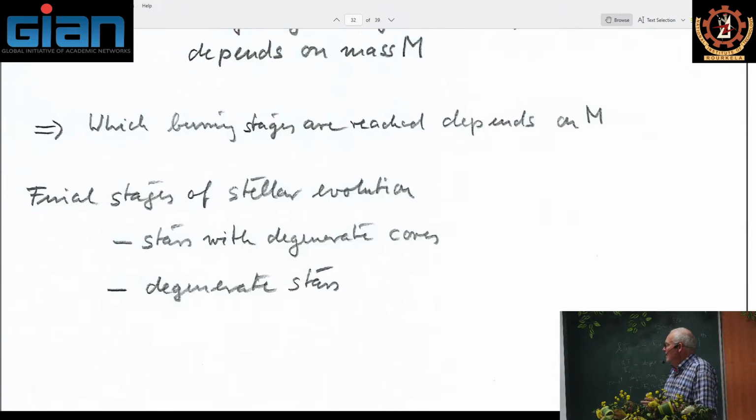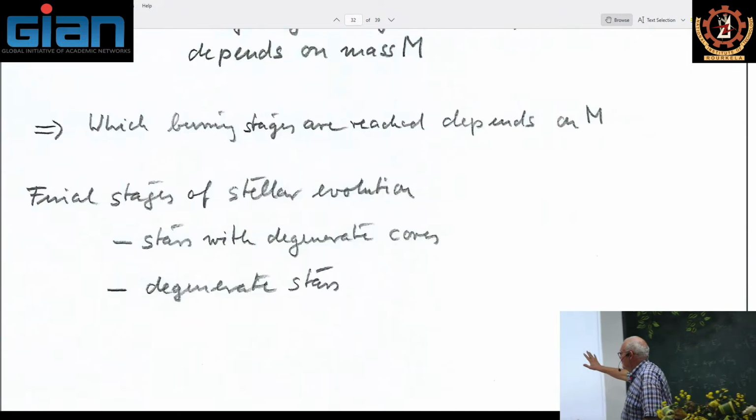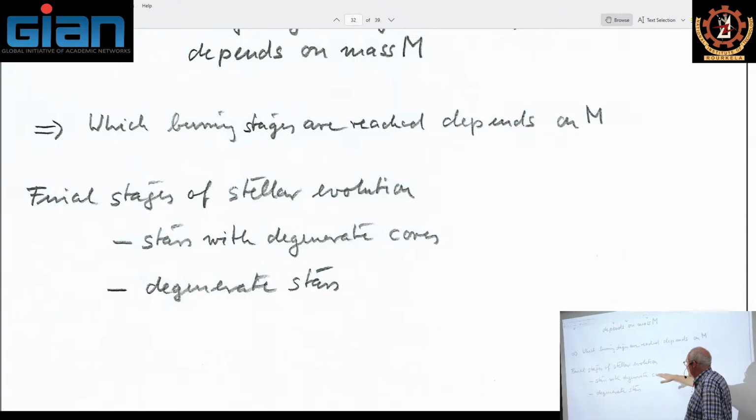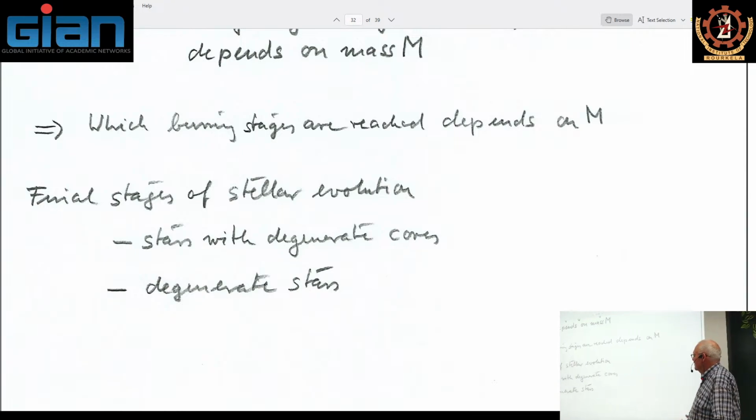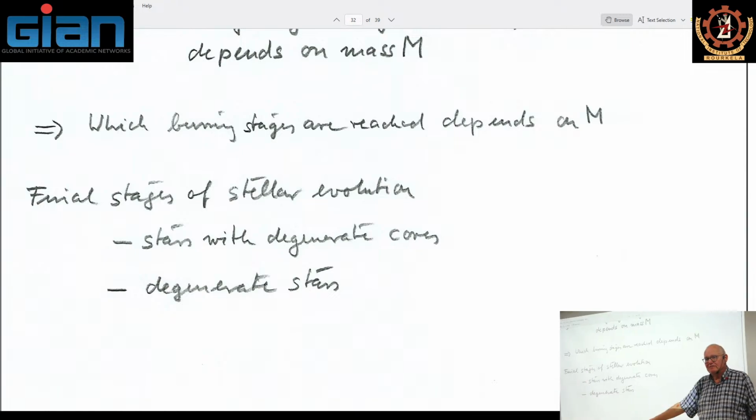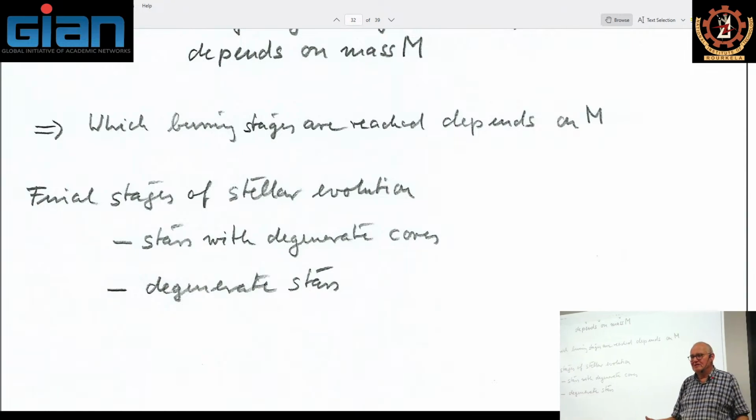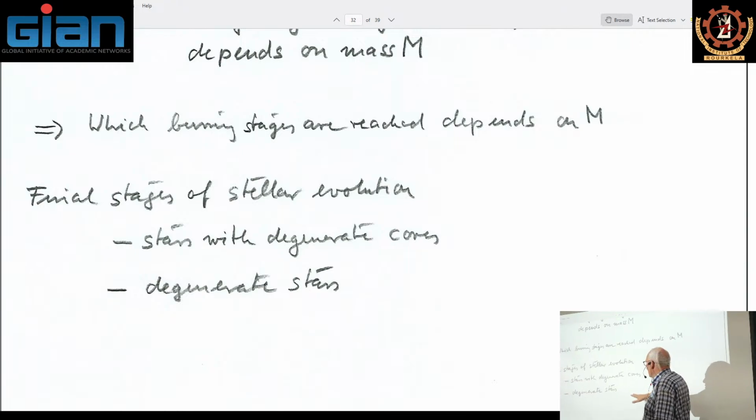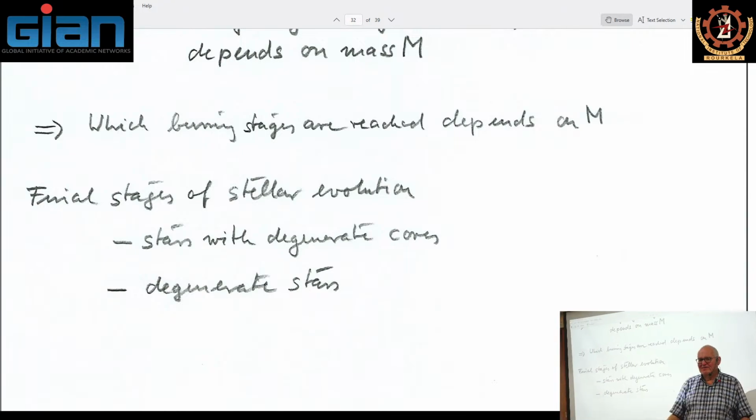So which stages of burning are reached depends on mass, and the final stages of stellar evolution will either be degenerate stars. So degeneracy is always the final stage, or we end up with stars which have degenerate cores: a degenerate iron core, or the complete star, except for its envelope, is degenerate.